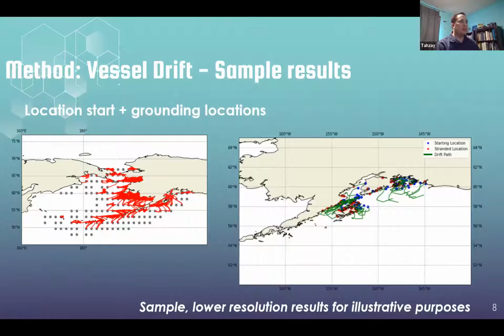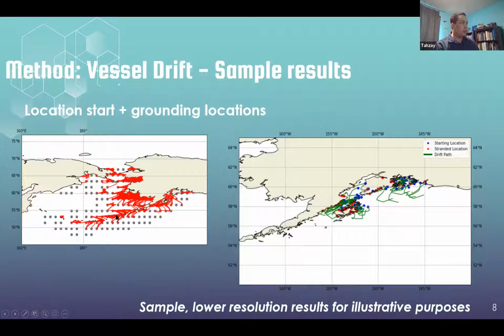And that led to this picture, which is lower resolution than the original, but essentially you could have a vessel that would start and never hit land, and those could be out anywhere. And then you could have vessels that would start and go and hit land.